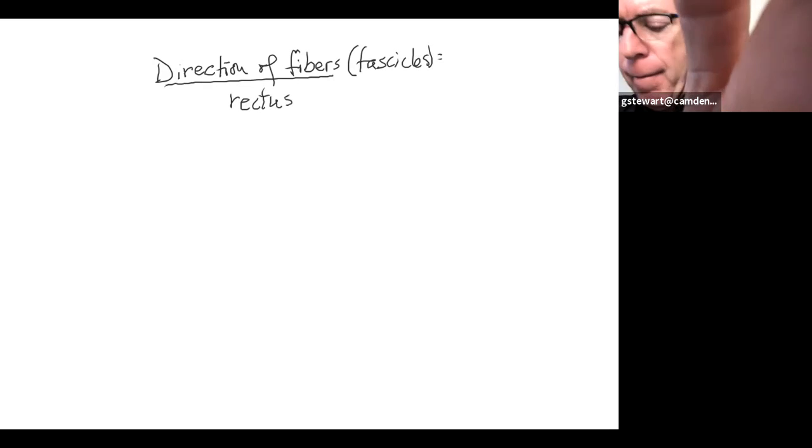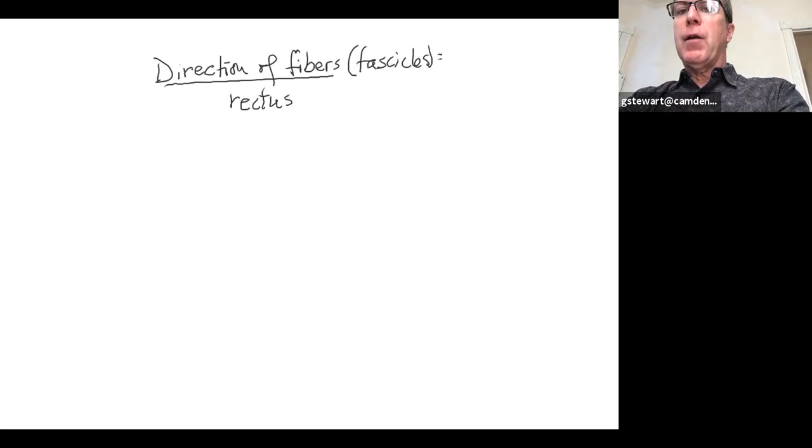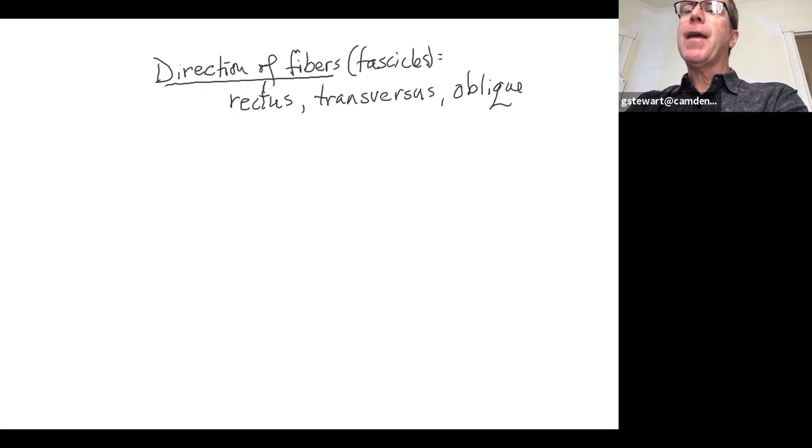Rectus means that the direction of fibers is parallel with the midline of the body, what you and I would call vertical or up and down. Then there's words such as transversus, which are the opposite. That means horizontal or transverse to the midline. And words like oblique. That means diagonal direction of fibers.